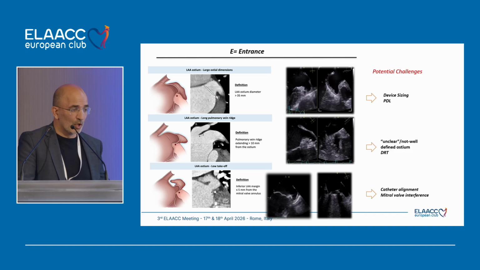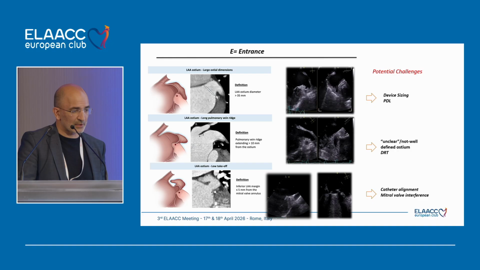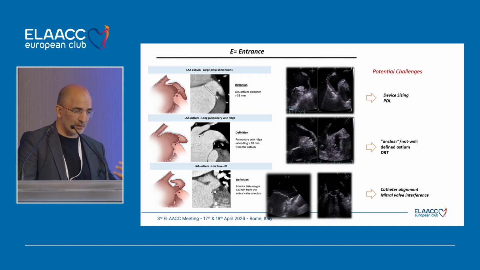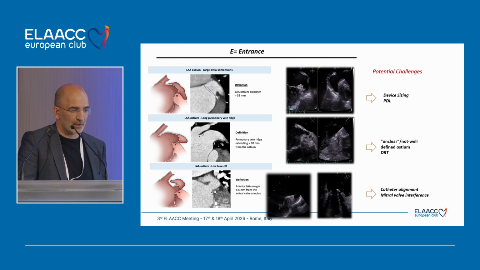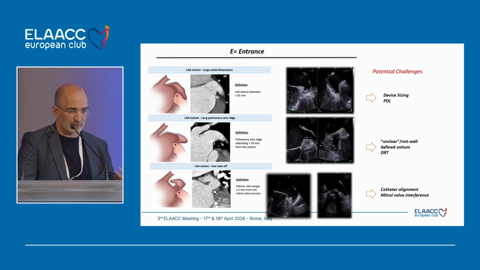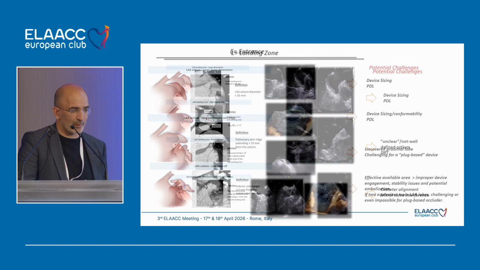Also, a low position of the ostium, a low takeoff, which was defined as an inferior LA margin within 5 millimeter from the mitral valve annulus, and we thought that this could create some issues with catheter alignment and mitral valve interference.